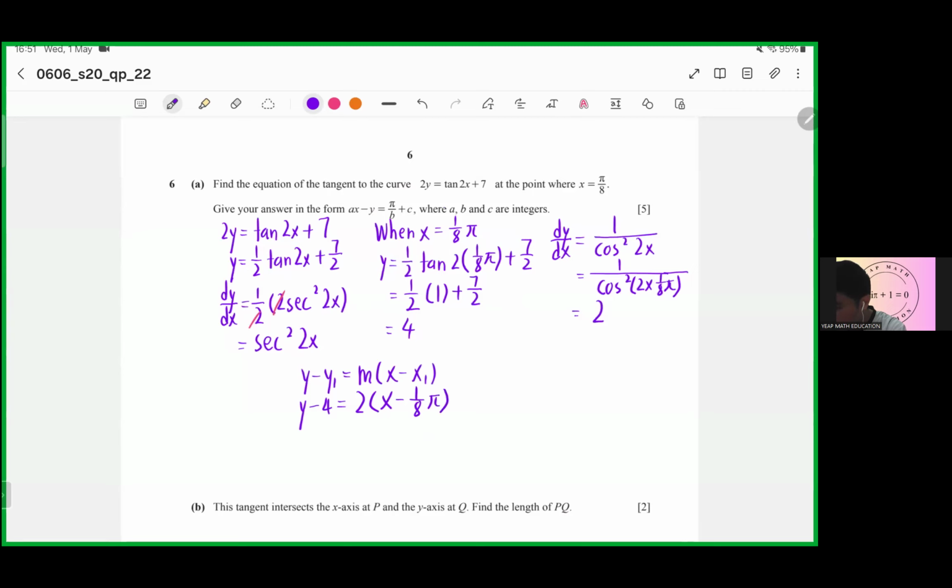Then now we just multiply. y minus 4 equals 2x minus 1 over 4 pi. And then we get 1 over 4 pi minus 4 equals 2x minus y. And then I write the correct form.